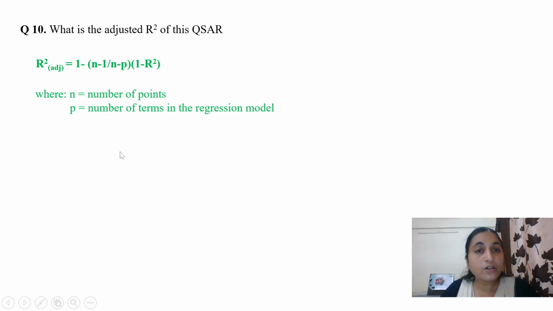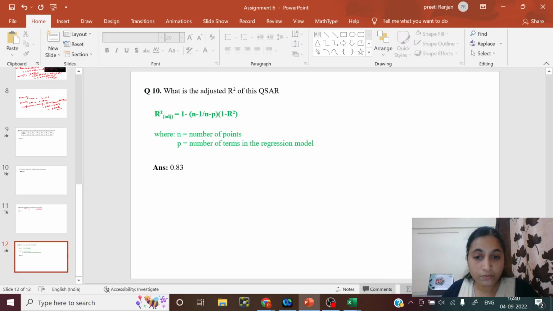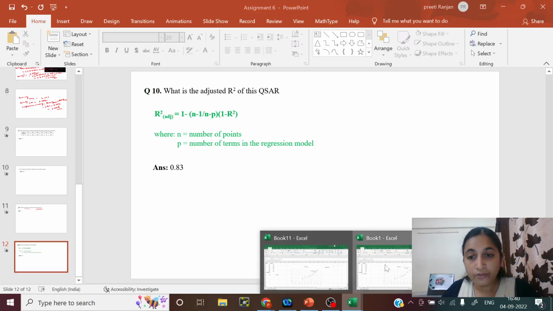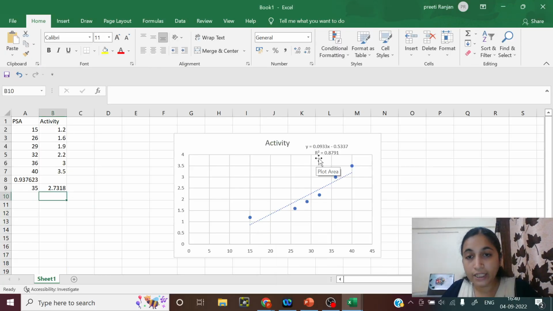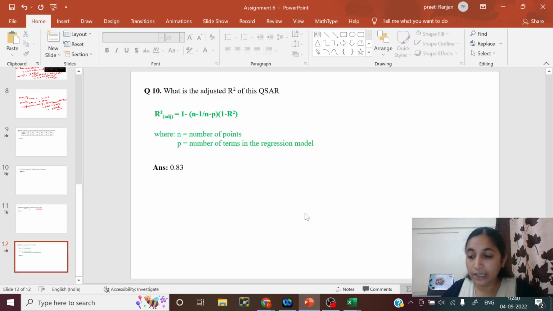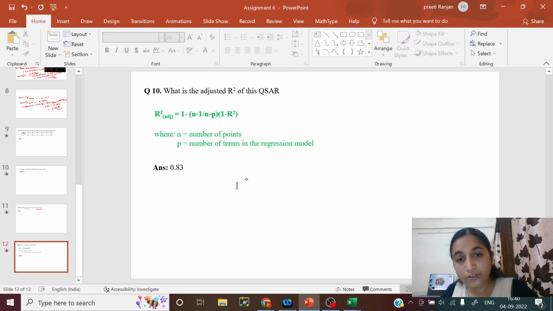Okay. So from this graph, we will take the R square value. How much is the R square value given? 0.8791.